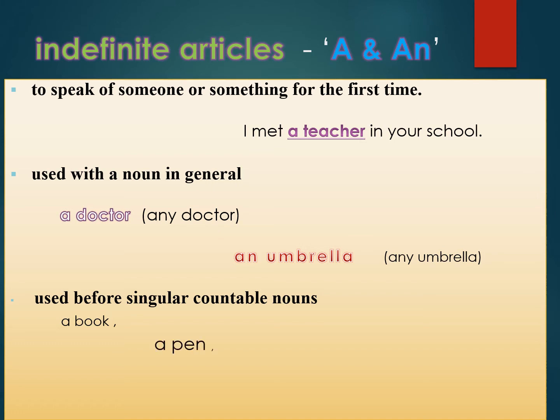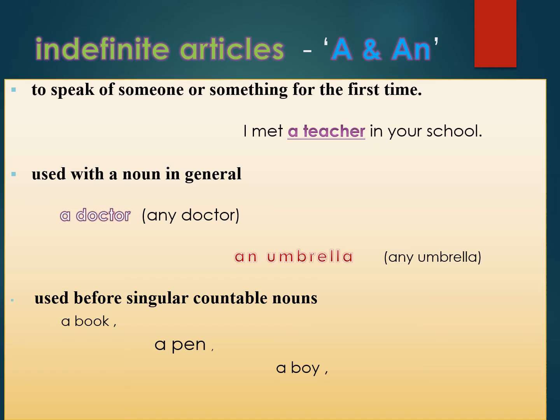Next example, a pen. Pen is also a singular countable noun and P is a consonant. So a should be used before it. Next example, a boy. Boy is a singular countable noun and the first letter B is a consonant.